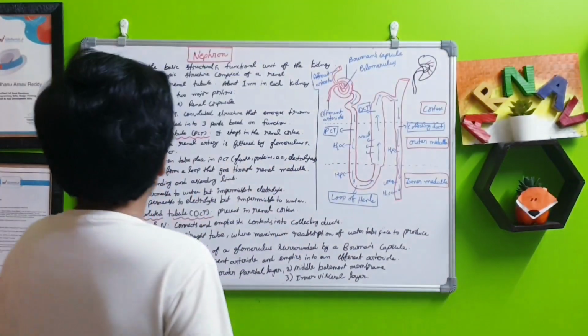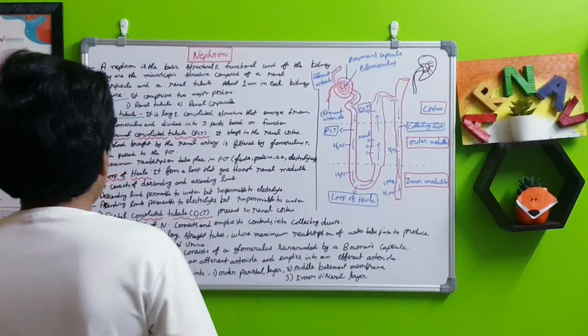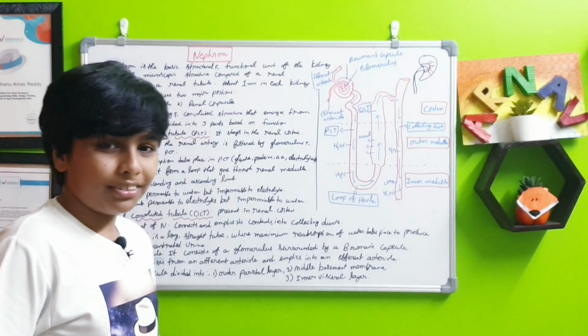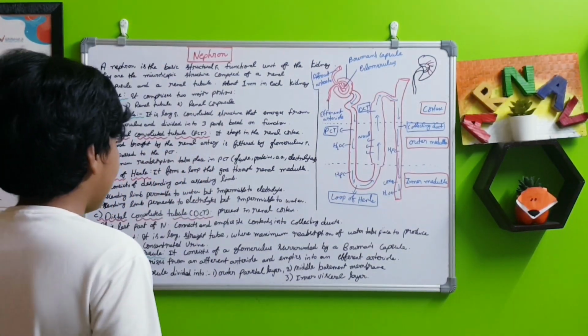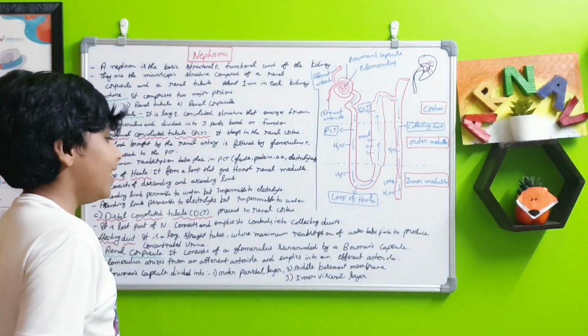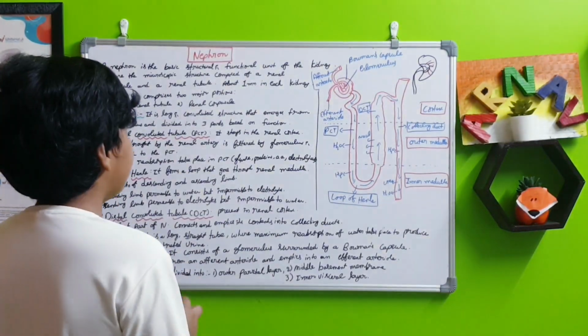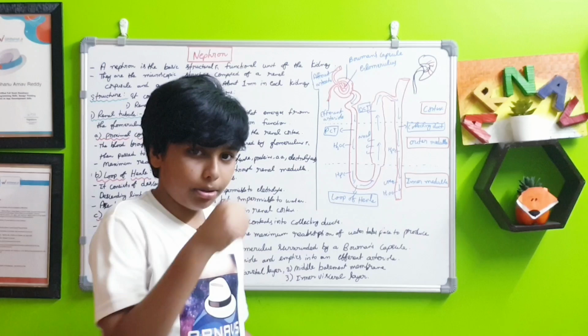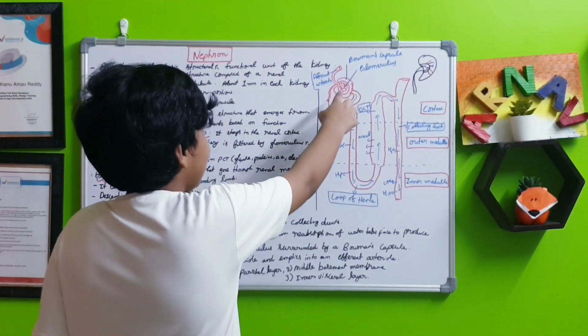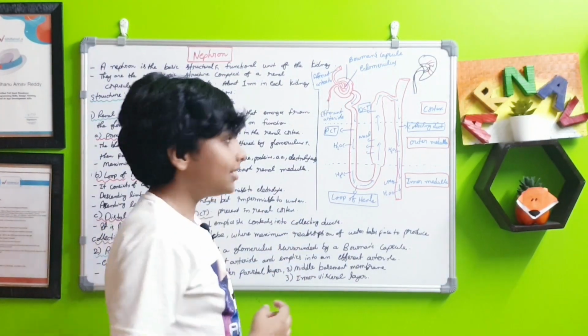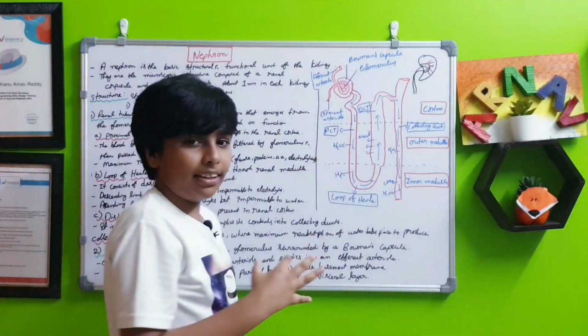And finally is the renal corpuscle, which is not part of the renal tubule, remember, it is a separate part. It consists of a glomerulus surrounded by the Bowman's capsule. There are two main parts here: the glomerulus, which is the blood arterioles, while the Bowman's capsule is like the filterer.